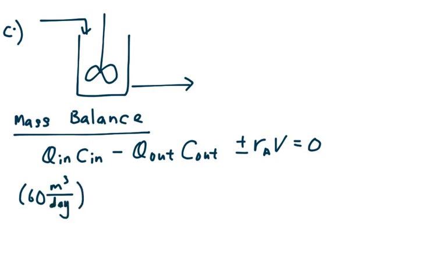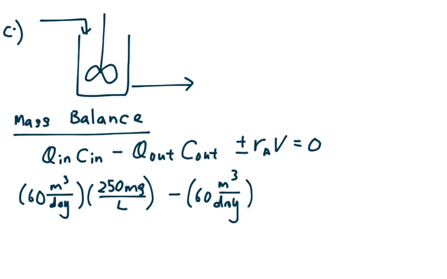The concentration into the system is 250 milligram per liter, minus, assuming similar flow rate out, 60 meter cube per day similarly, and then the concentration out with 99.9% conversion is 0.25 milligram per liter, and your reaction rate here is given as a first order reaction.